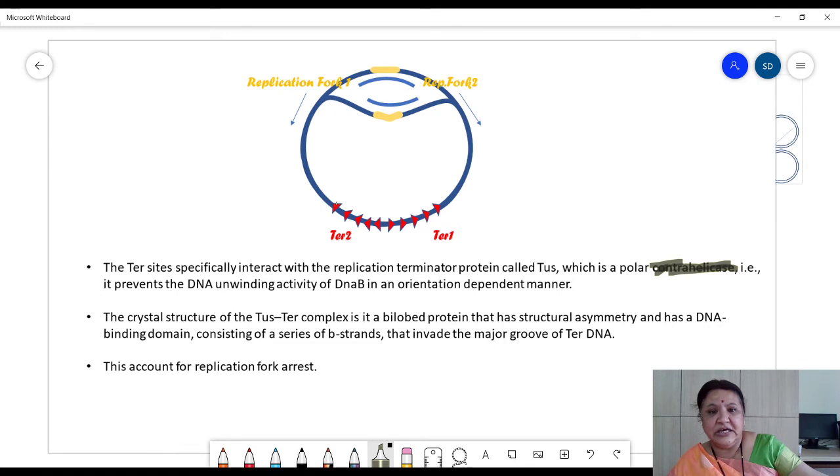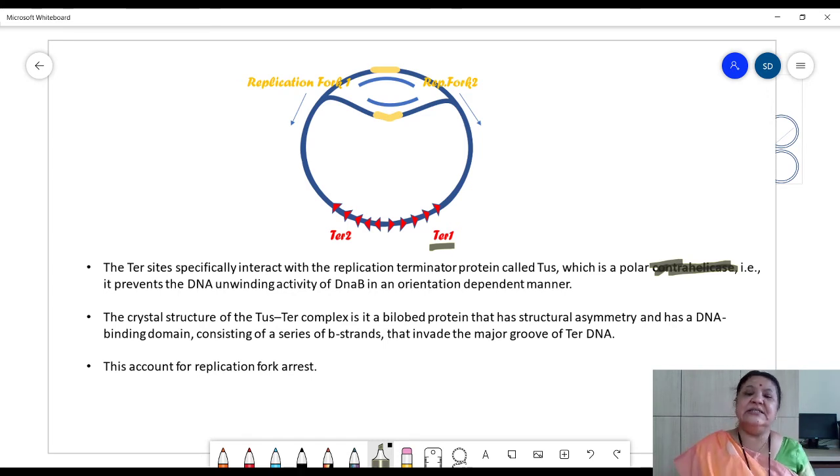Also, there is resolving and mixing of the replication forks, and thus two replicated DNA molecules are formed. This is because of the opposite polarity of these Ter sequences, which is recognized by the responsible Tus proteins.